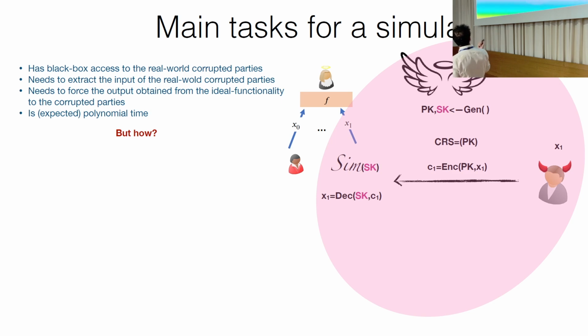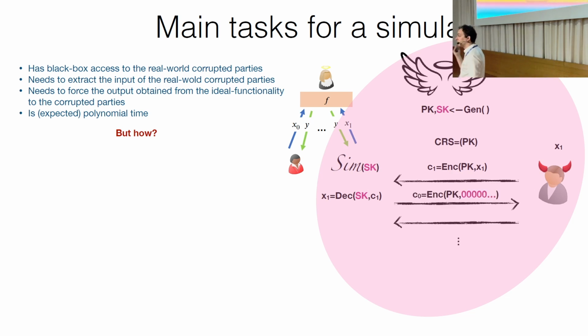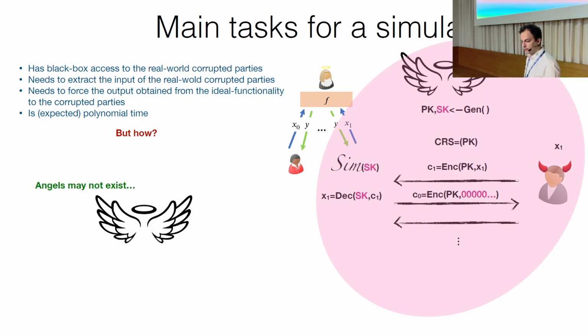Then you can query the ideal functionality with the input of the corrupted party, receive back the output, and then do some other smart things to make sure that the adversary actually does receive the output of the functionality. Moreover, you need to make sure that you never use the input of honest parties, because the simulator crucially doesn't have any input of the honest parties. That would make things quite trivial.